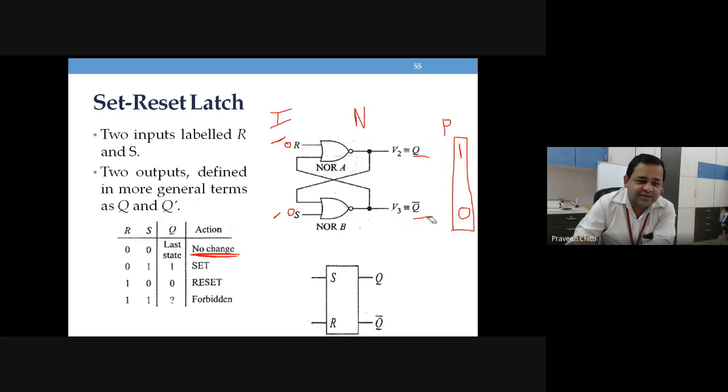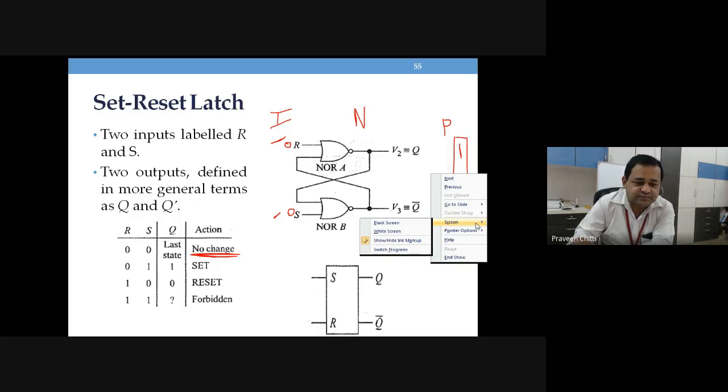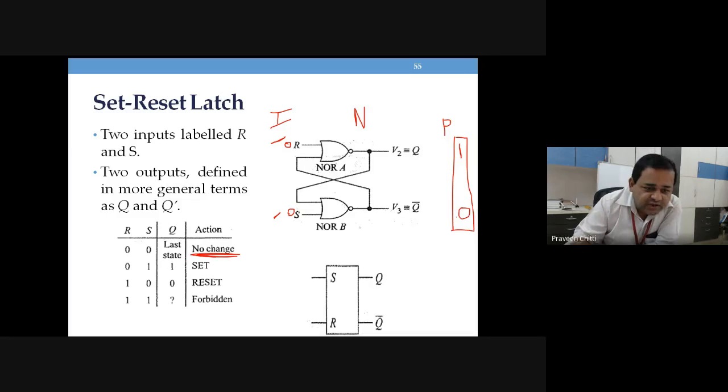Fine. Now I have assumed this, so what will happen now? See here, this 0 will come here and this will give 0, and 0 will give you output as 1. This 1 will come along with this and it will give you 0.